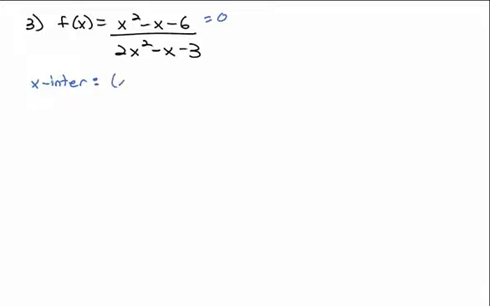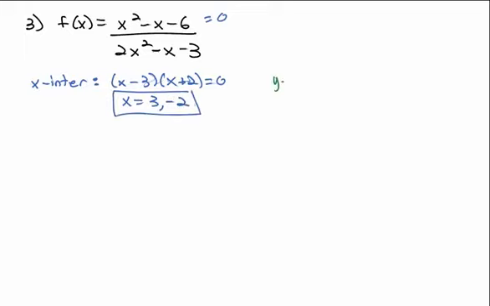And if we factor that numerator, it's x minus 3, x plus 2 equals 0. So there's 2 x intercepts here at 3 and negative 2. The y-intercepts, we know we find the y-intercepts by putting 0 in for all the x's, which gives us negative 6 over 3, and that's going to reduce to negative 2. So the y-intercept is negative 2.